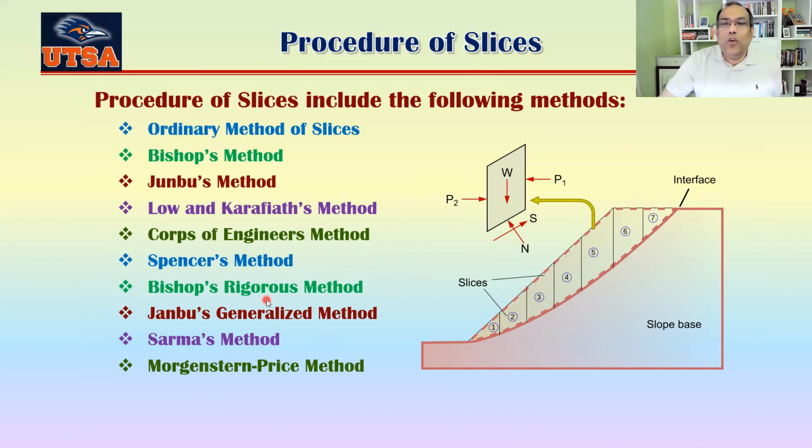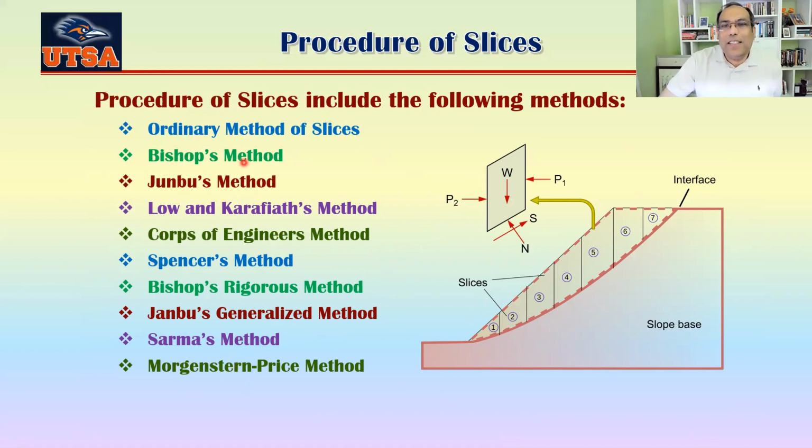And actually, when you use the software, you have the option to choose which method you want to use. There will be buttons: which method do you want? If you click one button, it will follow Bishop's method, okay?